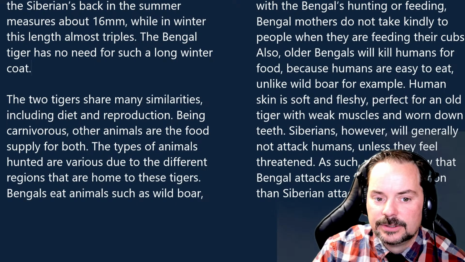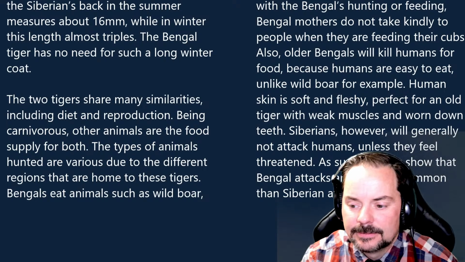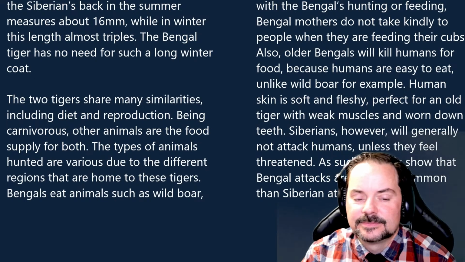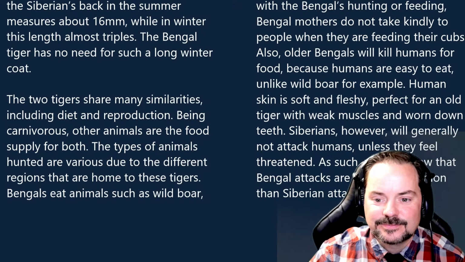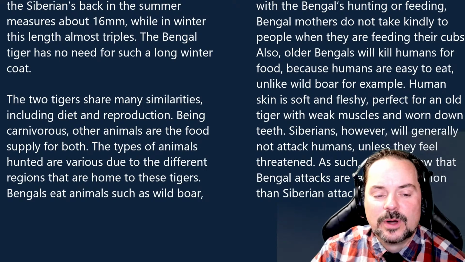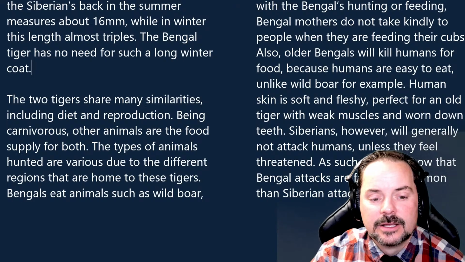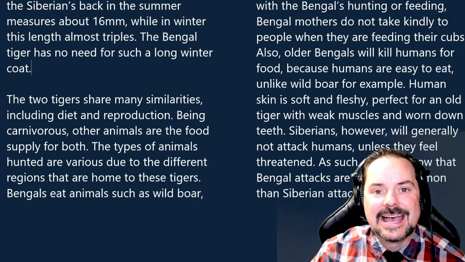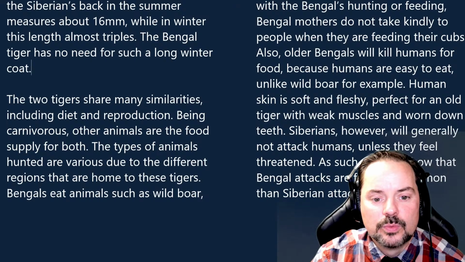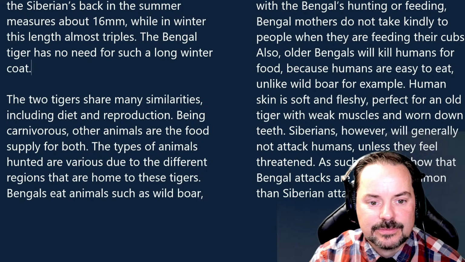It's called adaptation. Yeah, so one way you could summarize this paragraph is to say the Siberian tiger's adaptation to cold winters, a long winter coat, right?